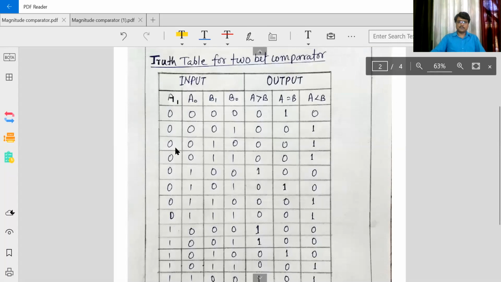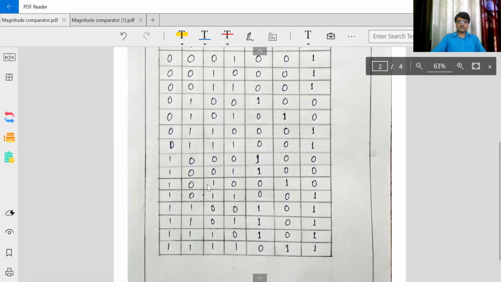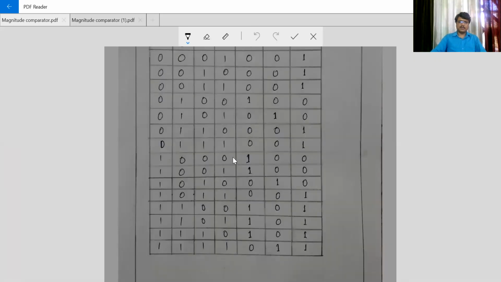Again, this is 0 0 and this is 1 0, so A is less than B, and again this is 0 0 and this is 1 1, so again A is less than B. Let us suppose we take an arbitrary number. This is 1 0 and this is 0 0, so which one is greater? A is greater, so this will be 1.